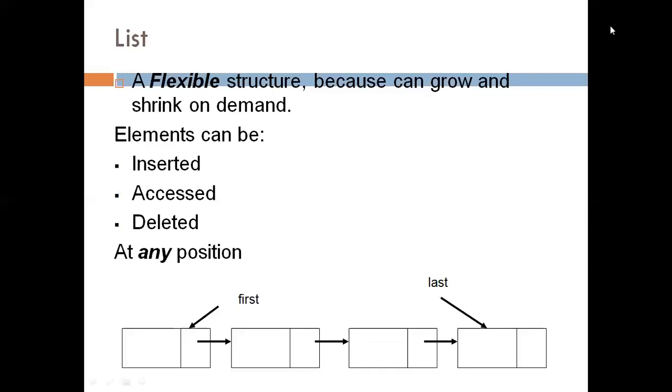So elements can be inserted, accessed, deleted at any position. So this is very basic, in very brief, about the linked list. Different types of linked list we will discuss later.